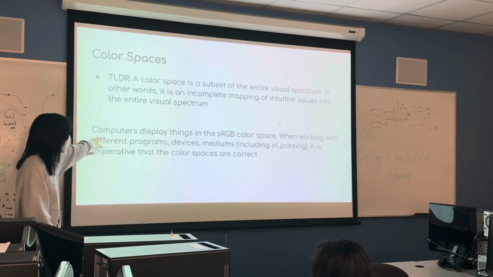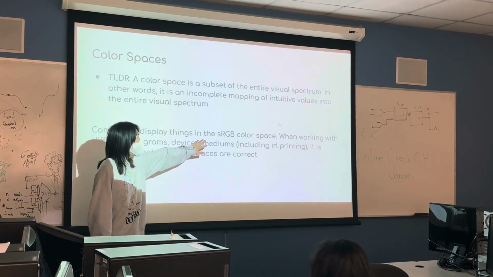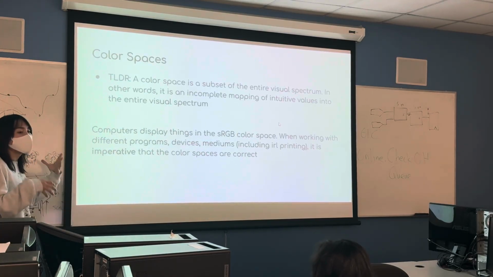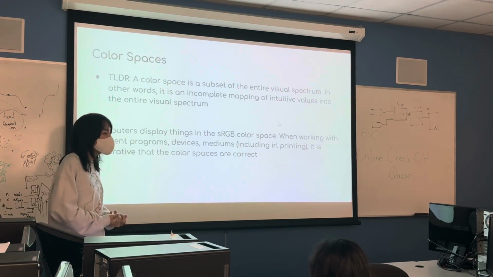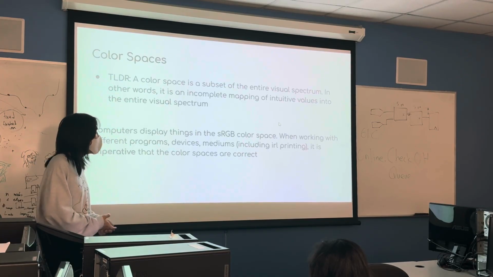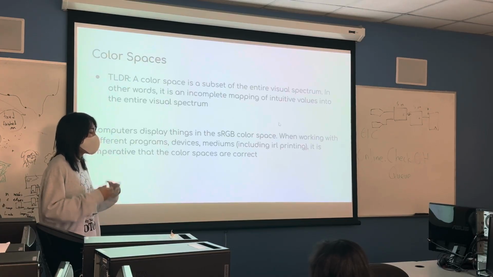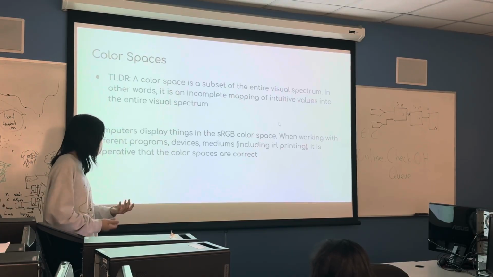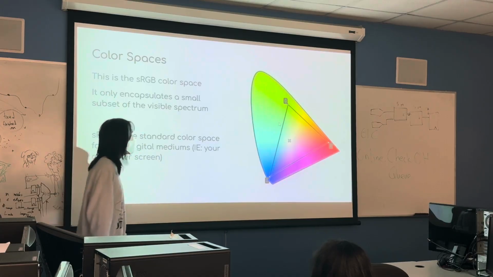Computers display in the sRGB color space, which is a subset of all the colors you can see with your naked eye. It's really important when you're working across different software, with images and color, to make sure you're in the right color space. Otherwise, you're going to be editing something that is not represented truly as where it originally came from.